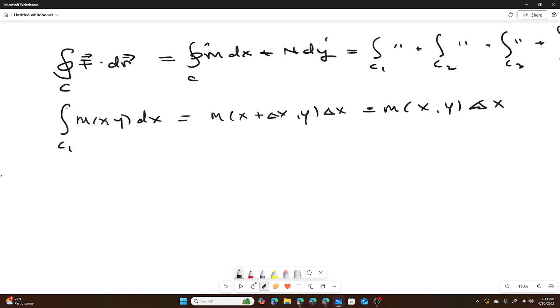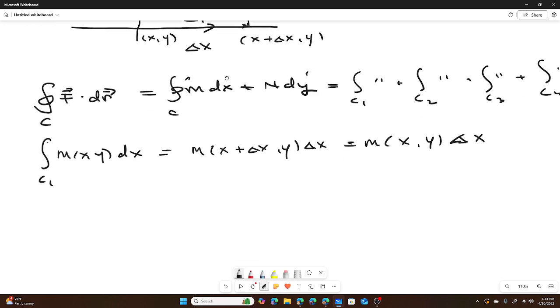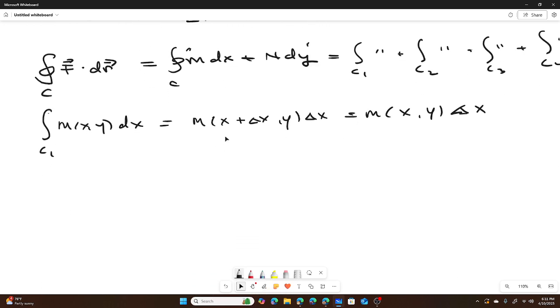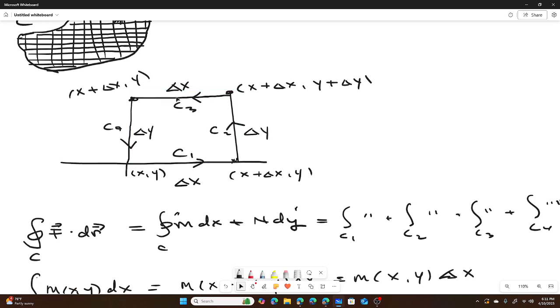Similarly, let's focus on C3. We're going to go in this direction, to the left.